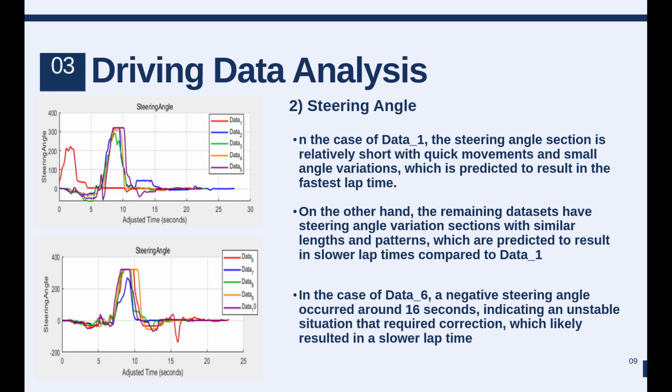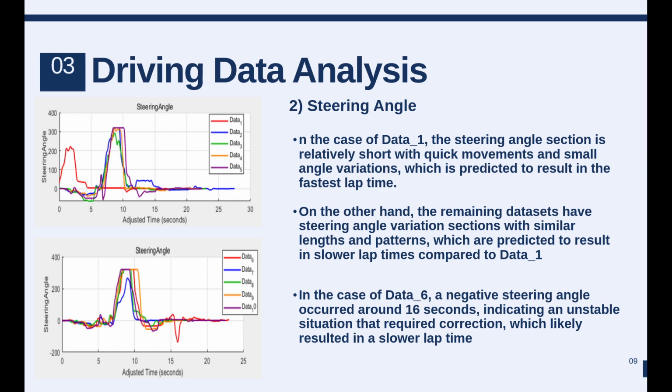On the other hand, in the other data sets, the length and pattern of steering angle variation were longer and more irregular compared to data 1. This indicated an increase in necessary steering inputs during cornering, making it difficult to maintain speed and leading to longer lap times.